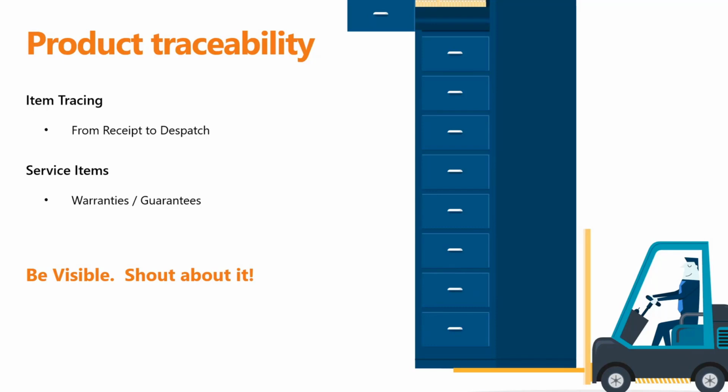But how do you ensure that you can track what warranties you have in place, and whether, if somebody tries to make a claim, it's a valid warranty or guarantee claim? Because the last thing you want is to be servicing, fixing or replacing something that is out of warranty, because that's going to cost you even more, and it is also lost revenue.